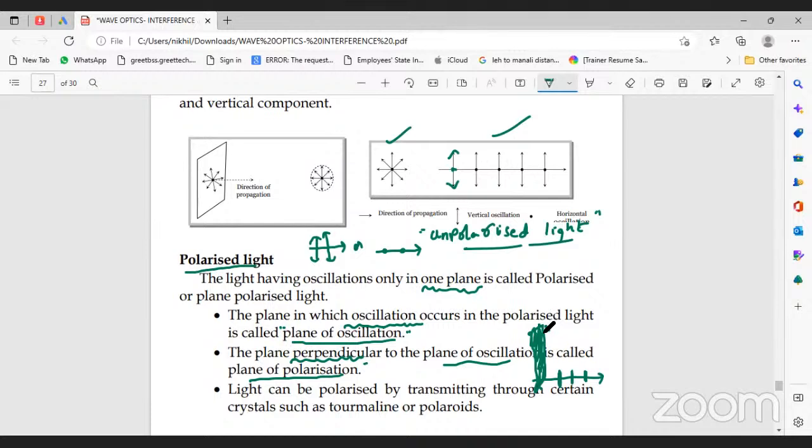The plane in which the light particles do not vibrate, we call it what? The plane of polarization. But please be careful: the plane of oscillation, or plane of vibration, and the plane of polarization are mutually perpendicular to each other.